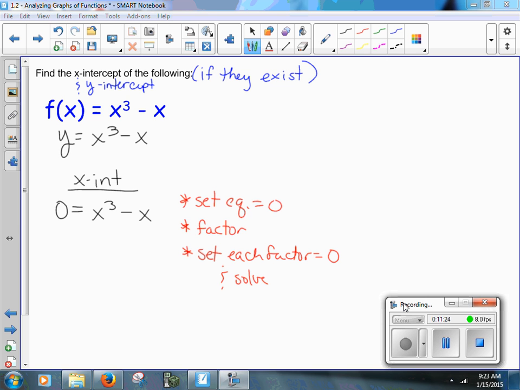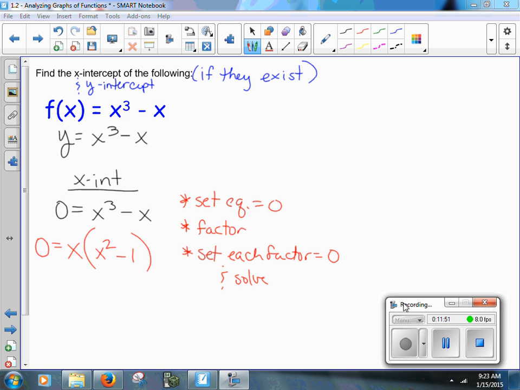Yes, it is the greatest common factor, but for x cubed minus x, what's the GCF? X. Good. X times what is x cubed? X squared. X times what is negative x? Good. Ooh, this is a double whammy.